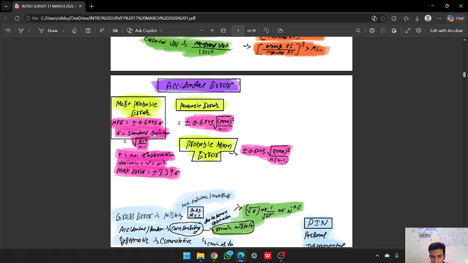Then there is probable error, plus minus 0.6745, and we can put here also standard deviation.